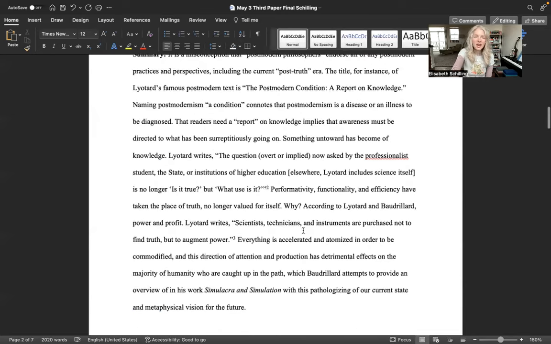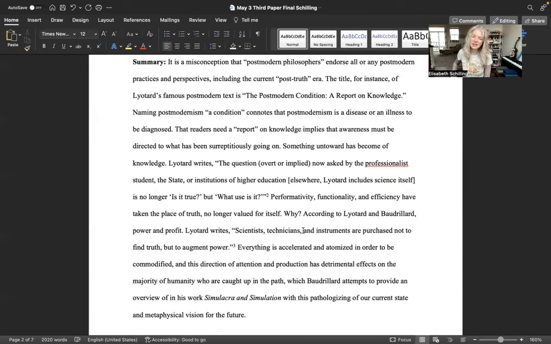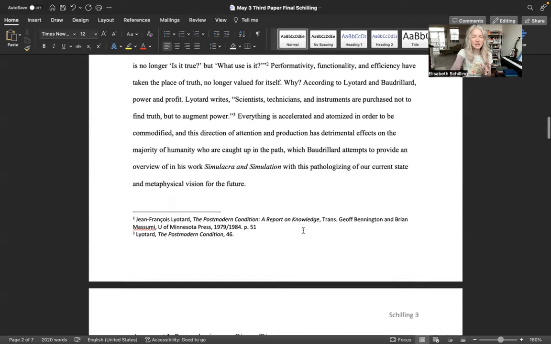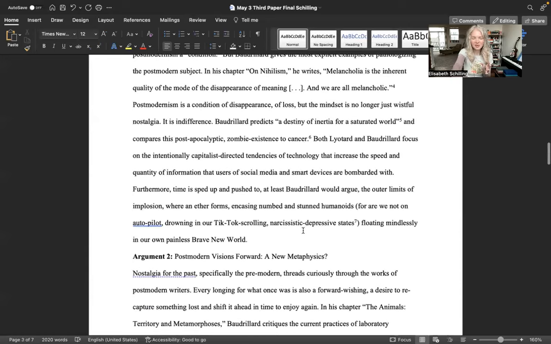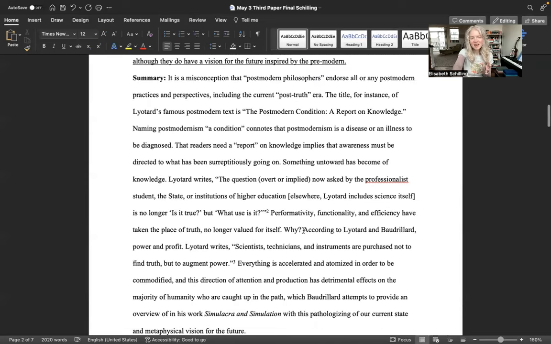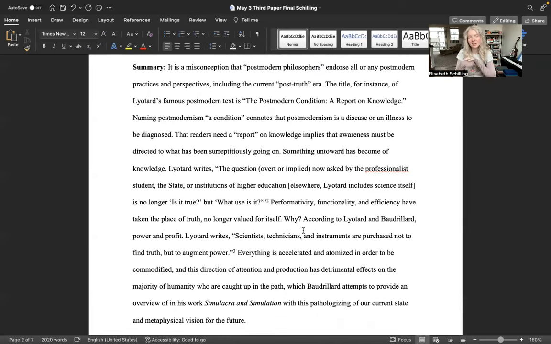So if I would have any critique of my paper, I would say I don't really give a fair balance in terms of space and attention to Baudrillard in my summary, and I'm quite Baudrillard heavy in my argument 1 and 2. So see, if I were grading this paper, it's just like a student paper, that would probably be my comment on this.